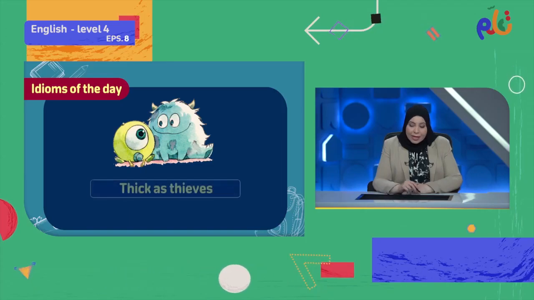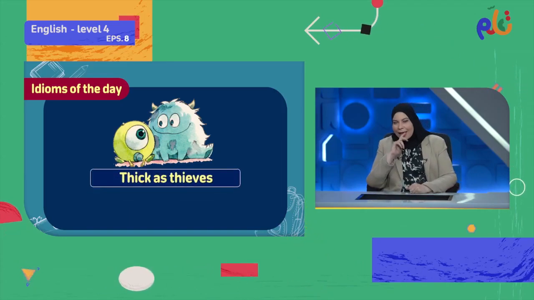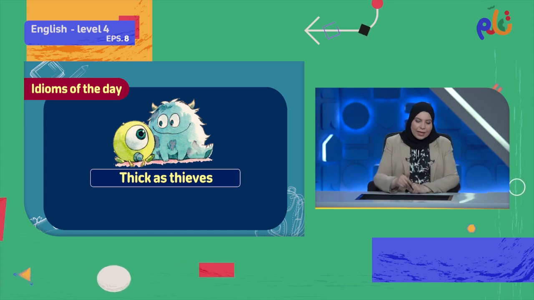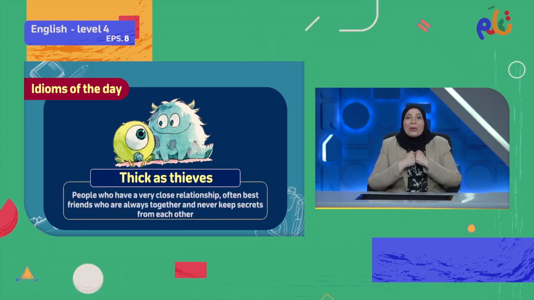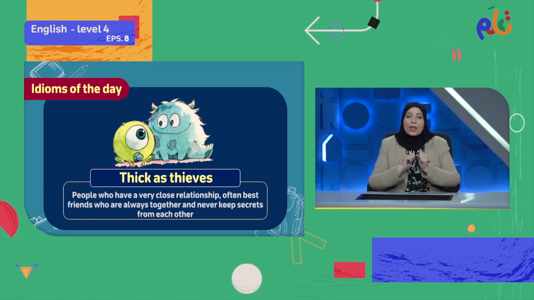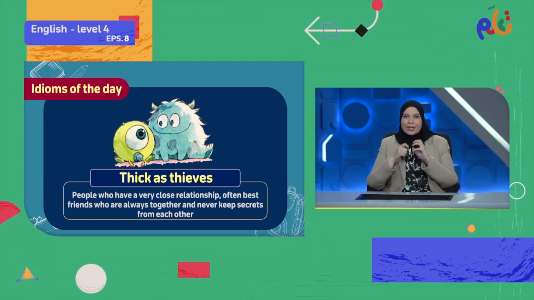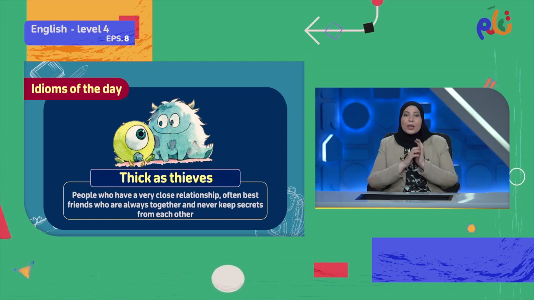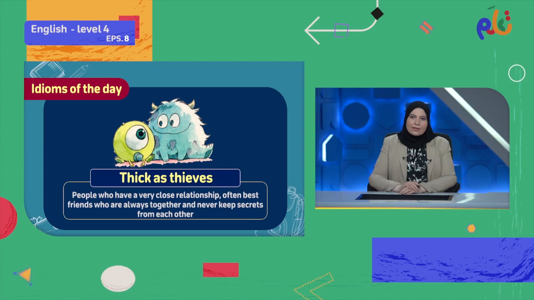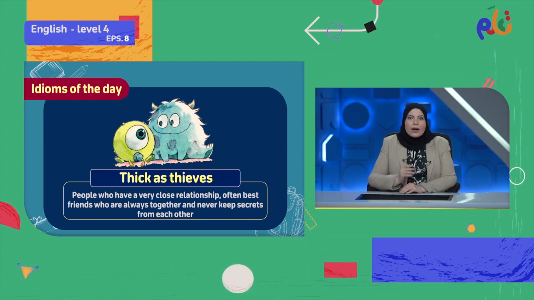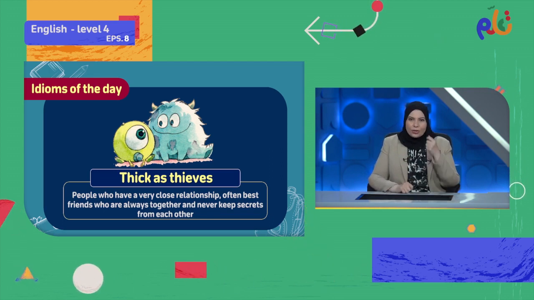And for the third idiom that we have for today, we have thick as thieves. And thick as thieves is an idiom that we use when people have a very close relationship together. So you and your best friend, if you would like to describe your relation, you can say, we are as thick as thieves, which means we are very close to each other.